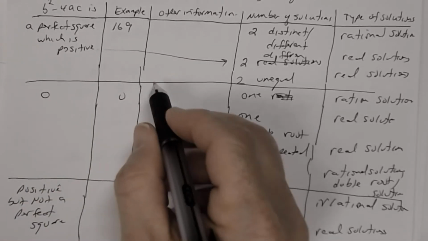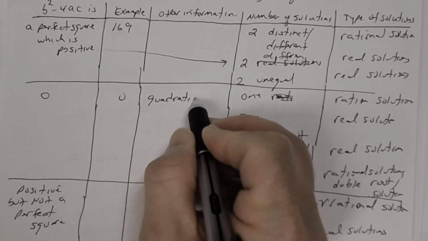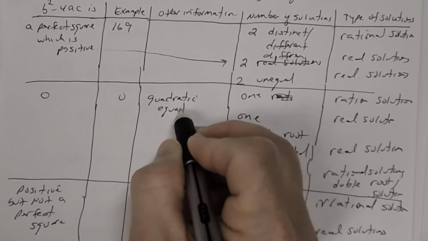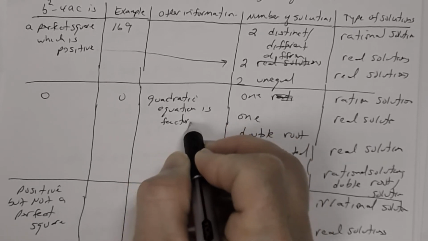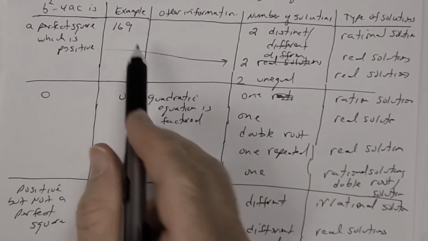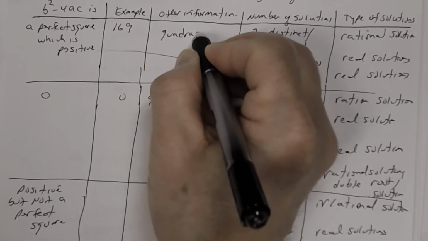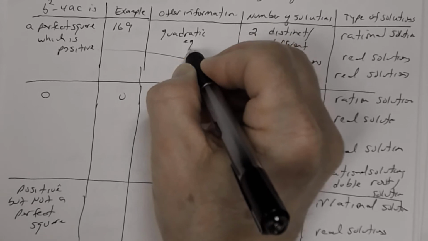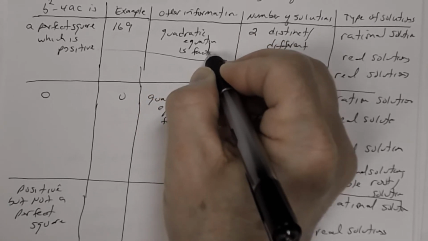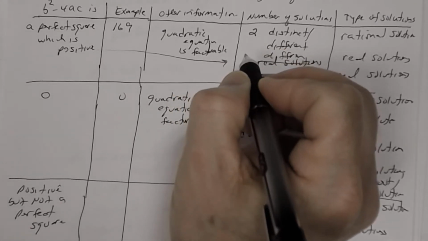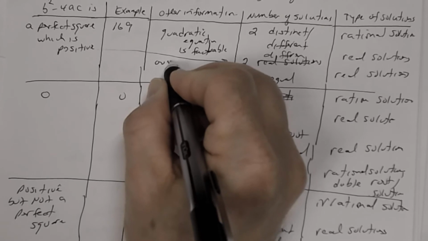And so if it's 0, the quadratic equation is factorable. Okay? If it's a perfect square, it's also factorable. So quadratic equation is factorable. And when I say factorable, I want you to understand that that's factorable over the integers.